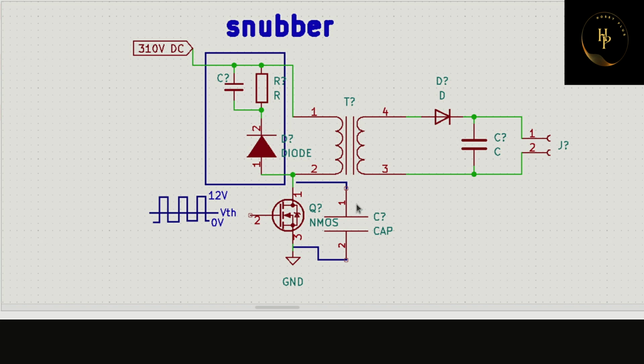Now I will tell you how it works and why it is attached here. Here is a 310 volt DC supply. Your drain also gets this, because it is a coil. When a pulse appears on the gate and the MOSFET turns on, this inductor builds up energy.